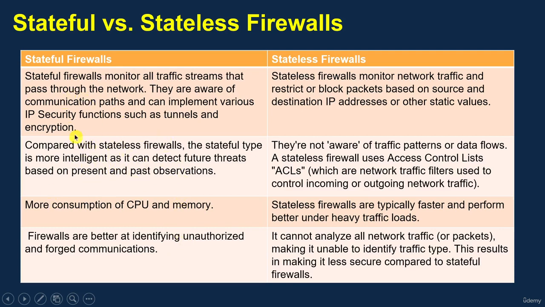That's why we call these stateful firewalls. On the other hand, stateless is not intelligent, something like an ACL, an access control list on Cisco. Its job is basic traffic filtering based on static values.